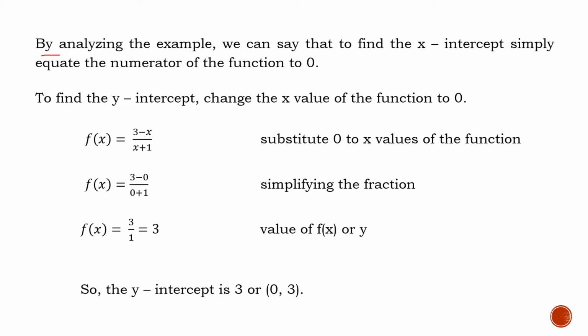So by analyzing the example, we can say that to find the x-intercept, we simply equate the numerator of the function to 0. Because if we assume that your y is equal to 0, then we apply the multiplication property of equality, and your denominator will be multiplied by 0, which makes the other side of your equation equal to 0.